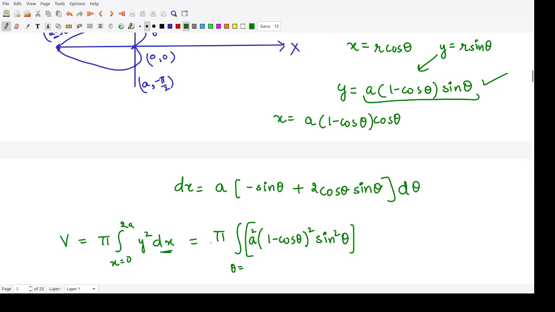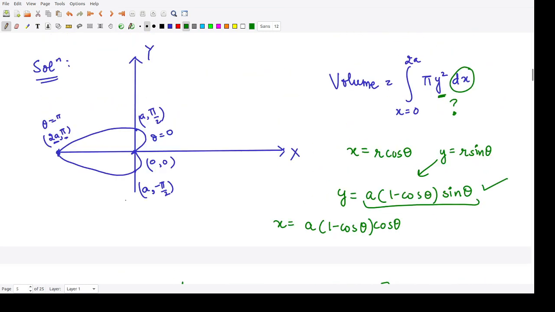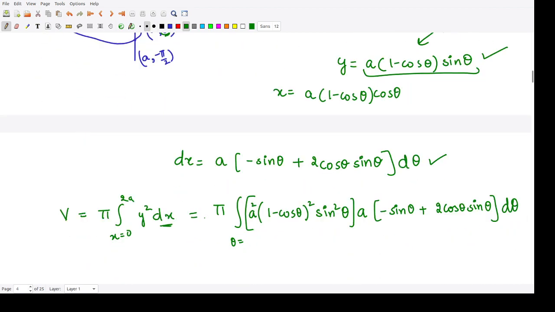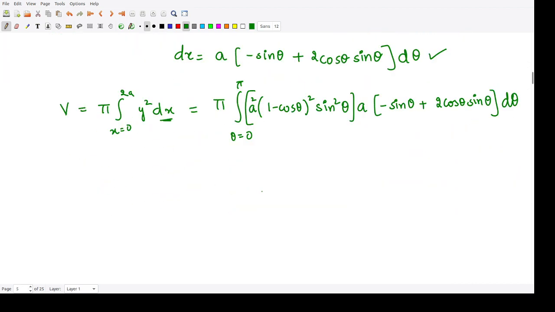And dx is this quantity: a into (minus sine theta plus 2 cos theta sine theta) d theta, and the limits of theta vary from 0 to pi. Now I hope you could perform this integration and simplify the terms.